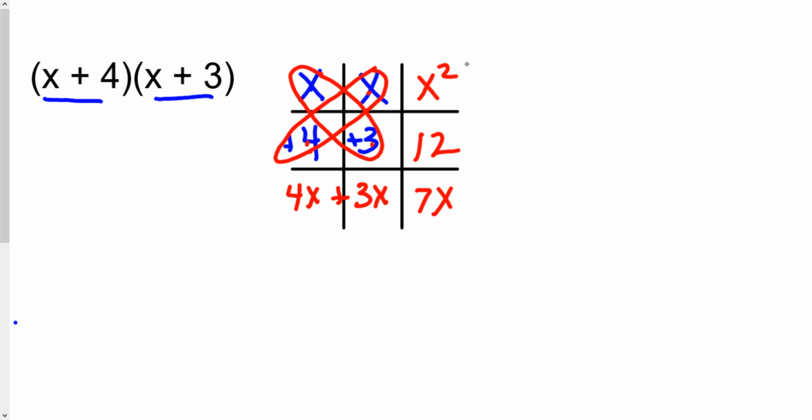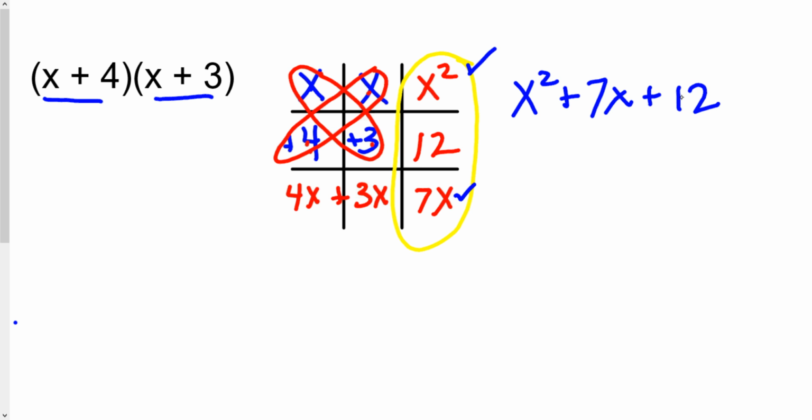And if you remember, the last column was your answer. It was just written in the wrong order, because really the answer is x squared, that's this one, plus 7x, that's this one, plus 12, that's that one.